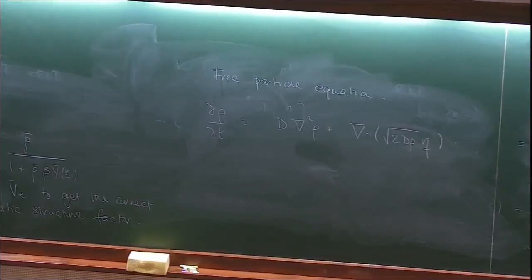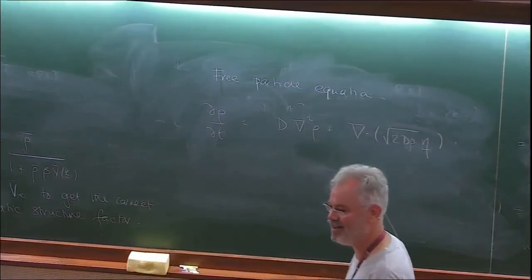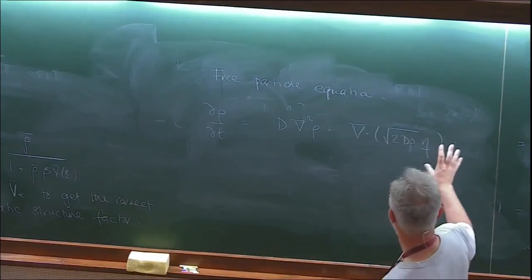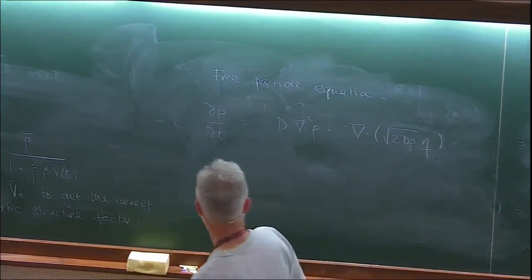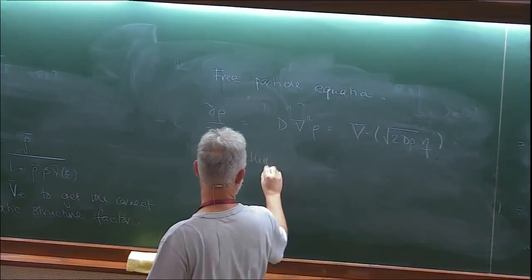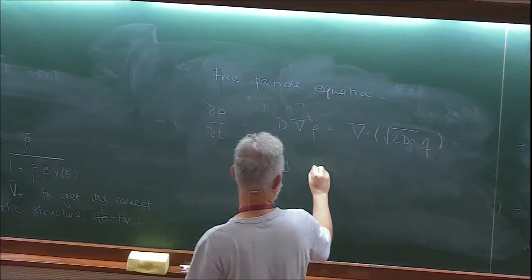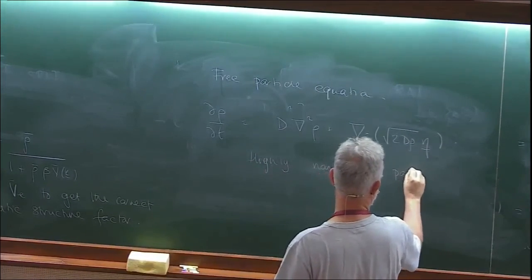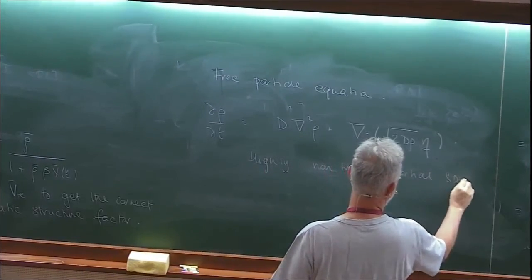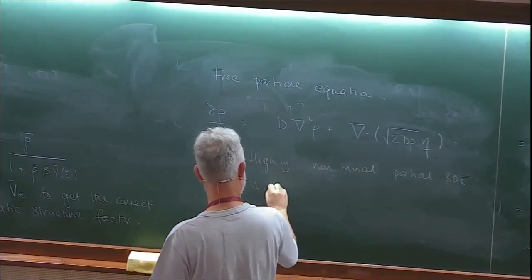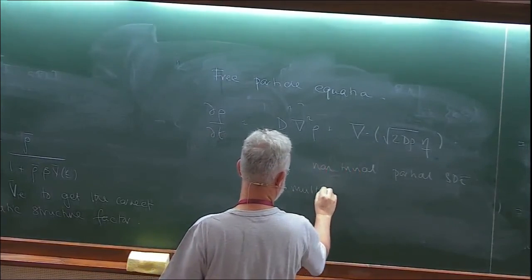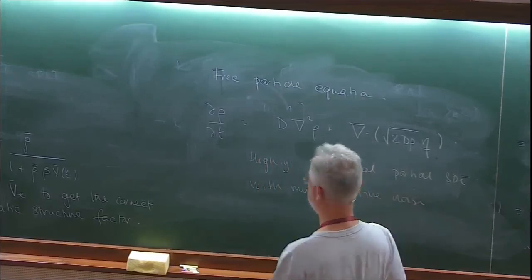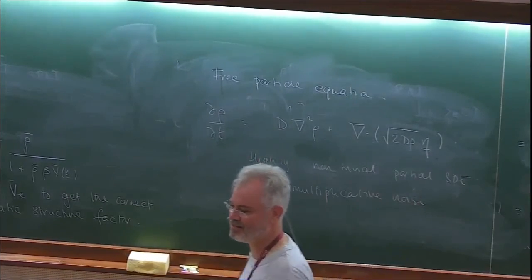But the funny thing is that you know exactly what the statistics of this rho are. You can compute all of the moments. So it's strange: in principle you have a highly non-trivial partial SDE with multiplicative noise, and because it's free Brownian particles, you can compute the statistics of the density field exactly.